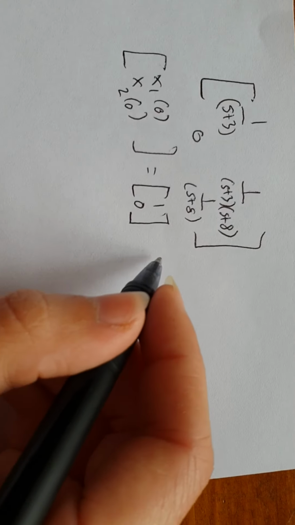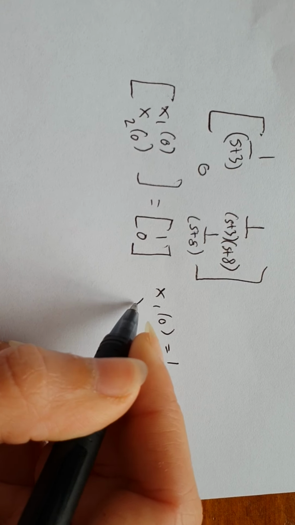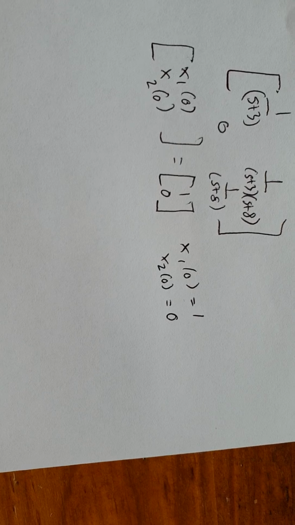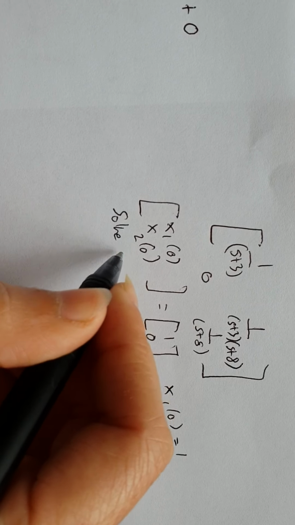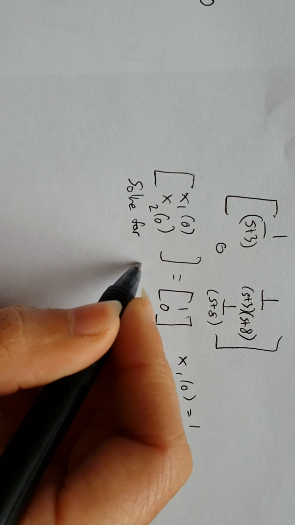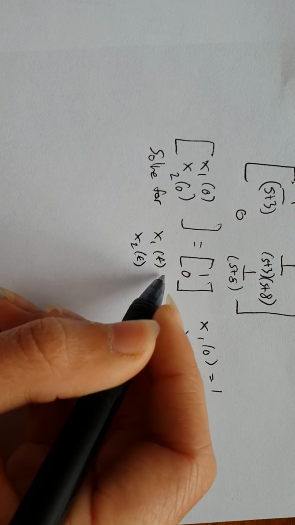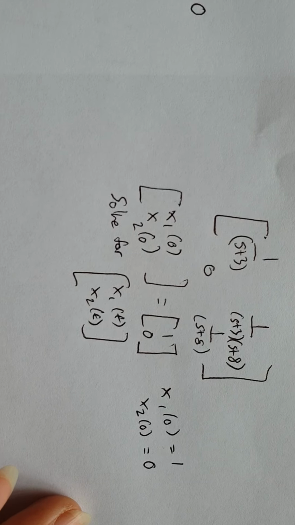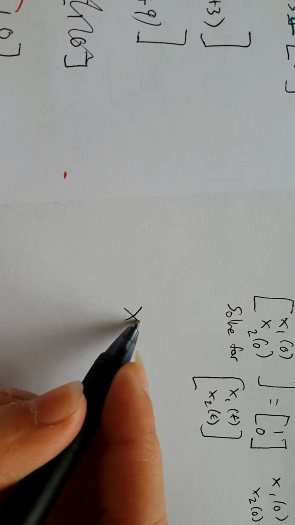So our x1 of 0 equals 1, and our x2 of 0 equals 0. And then solve for x1 of t and x2 of t. Okay, so it's very simple. We'll just use this formula.